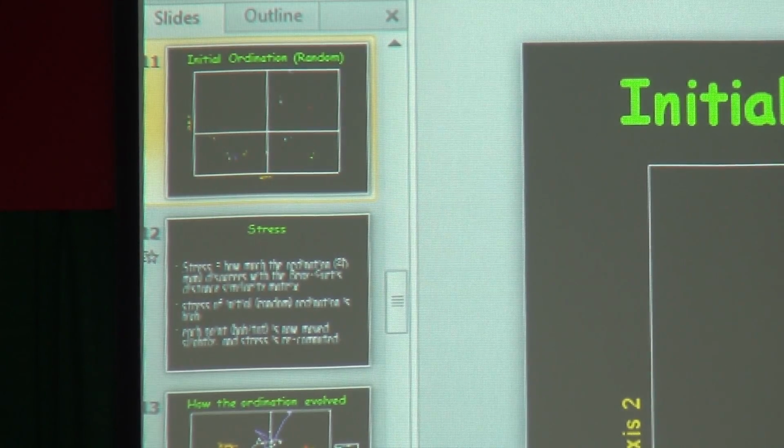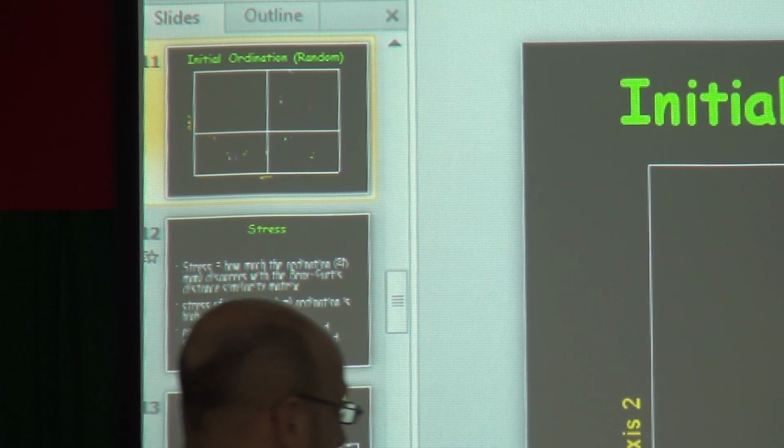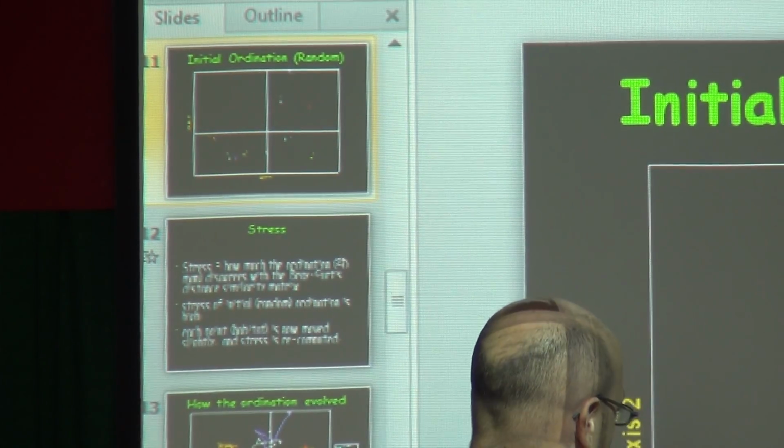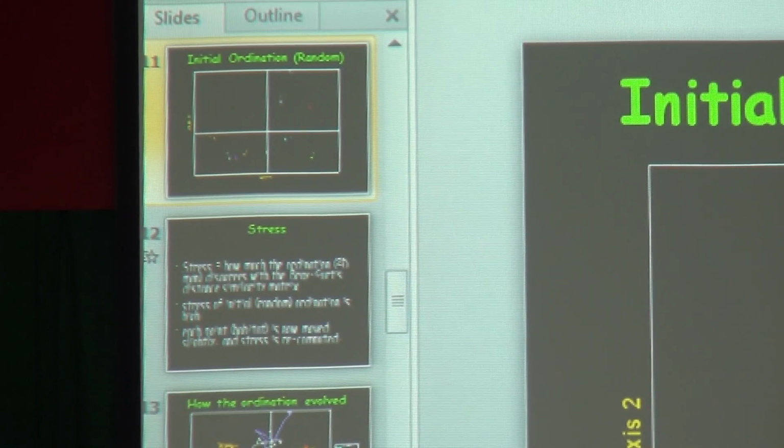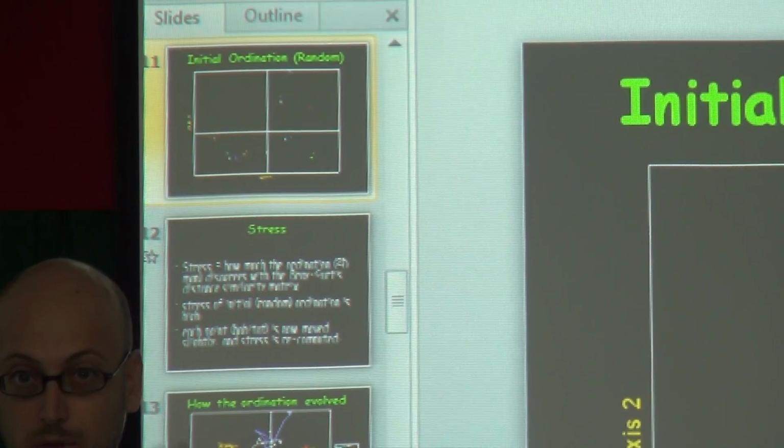Ý nghĩa. In this case, we have the axis here and here. So what's the importance? There is no importance. This is not a real map of kilometers of the world.